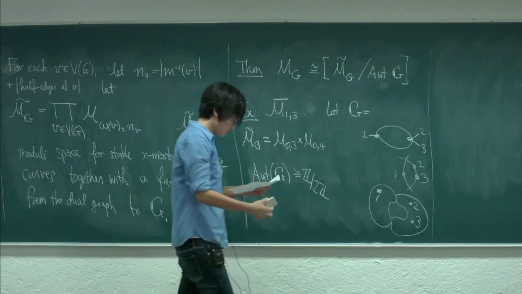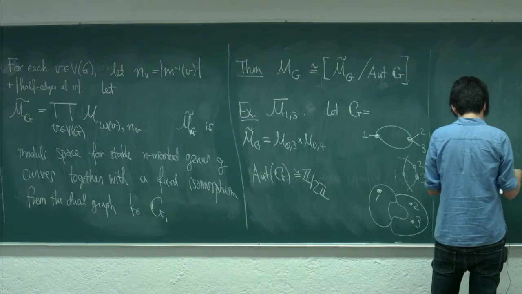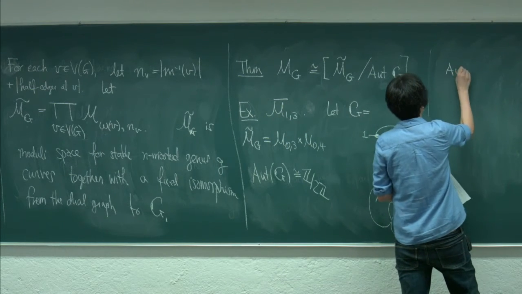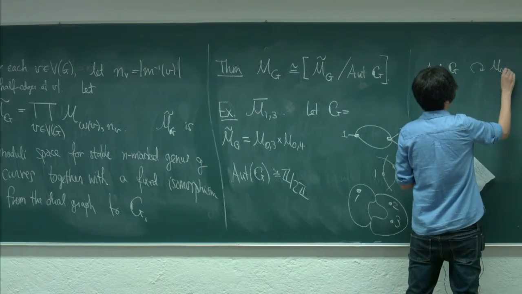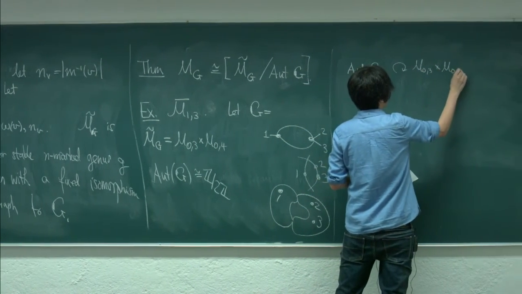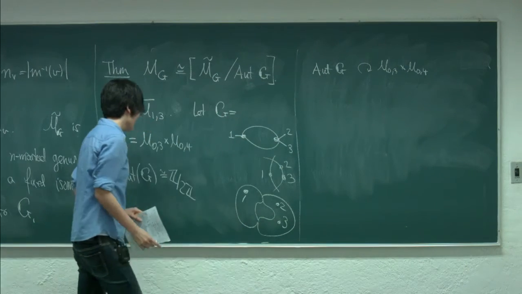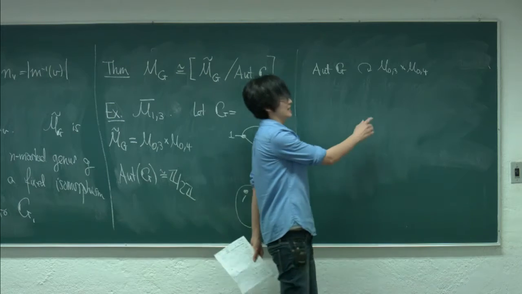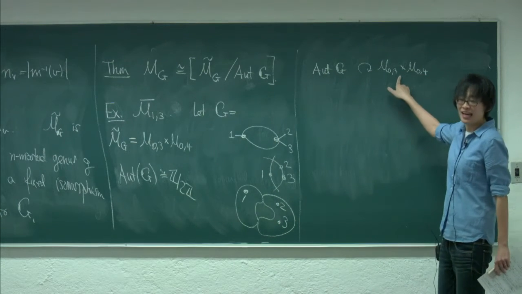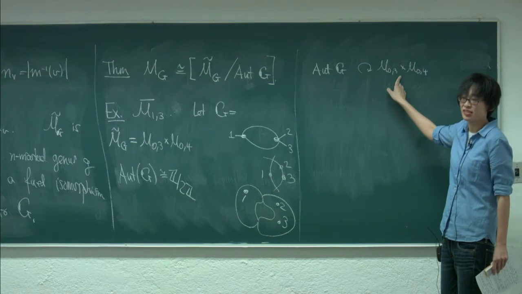So again, we have this automorphism group acting naturally on the product of our 2 moduli spaces. And this action is not mysterious at all. We've studied these moduli spaces many times over the course of the last 2 weeks.